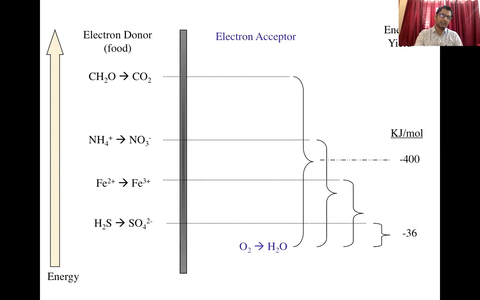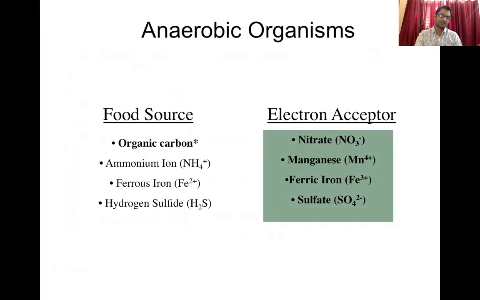Then another one are anaerobic organisms. In these anaerobic organisms, food source can be anything. Most important is organic carbon, as I told you. Ammonium, ferrous, and hydrogen sulfide can also be the food source.